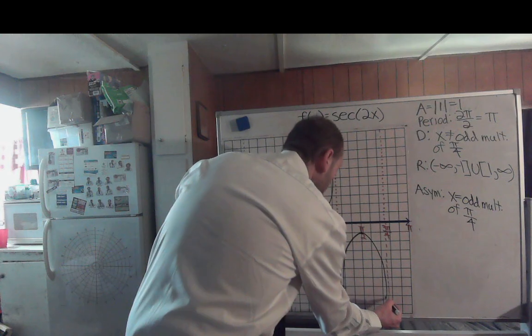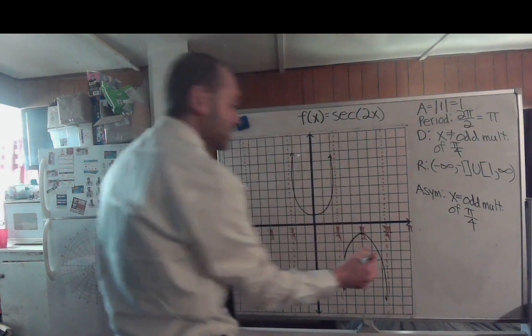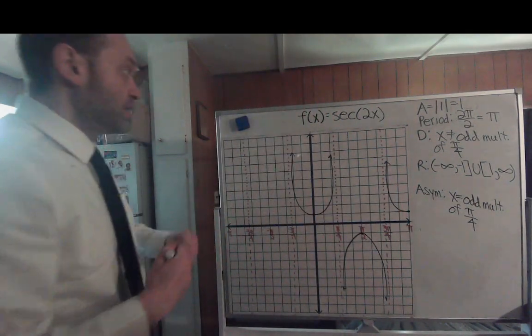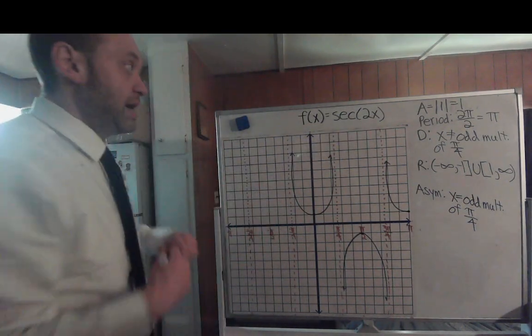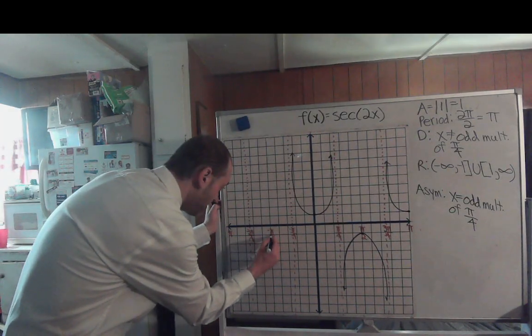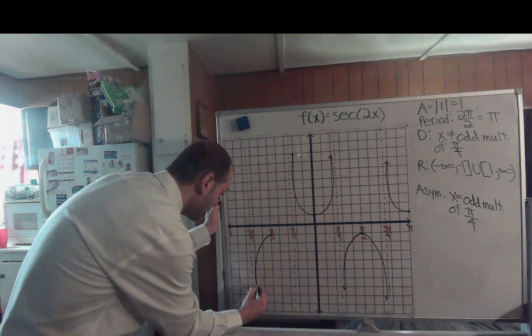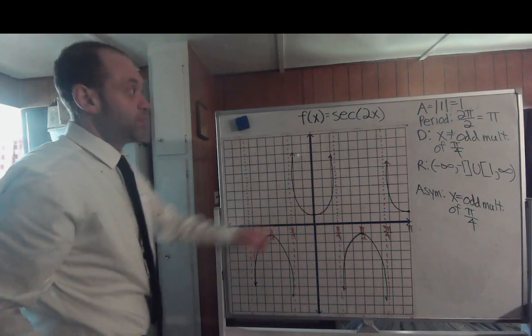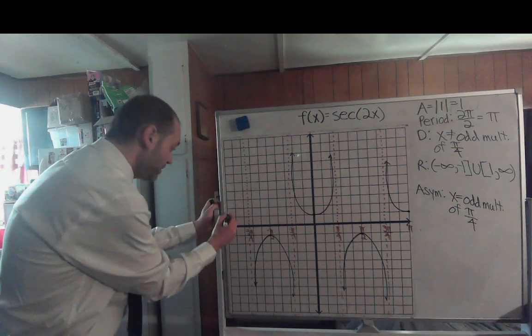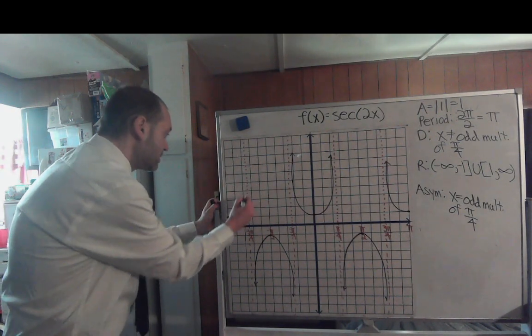And then if I put in pi, I would get the secant of 2 pi, which is actually positive 1. Okay, if I put in negative pi over 2, I'll end up getting the secant of negative pi, which is negative 1. And then if I put in negative pi, I'll get the secant of negative 2 pi, which is positive 1.